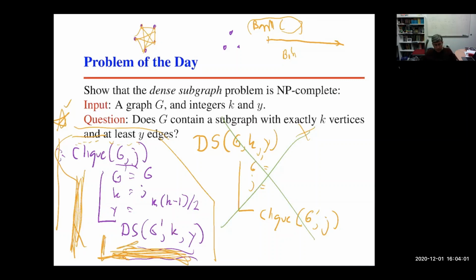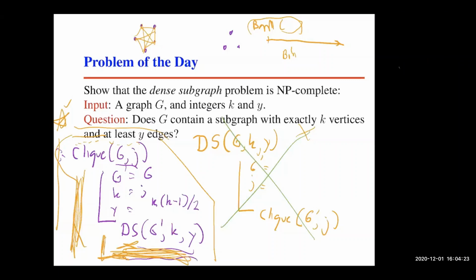A densest subgraph solver has to solve both. A Clique solver only says, find me a maximally dense subgraph. Does everybody see that it's presumably easier to write a Clique solver than a densest subgraph solver?